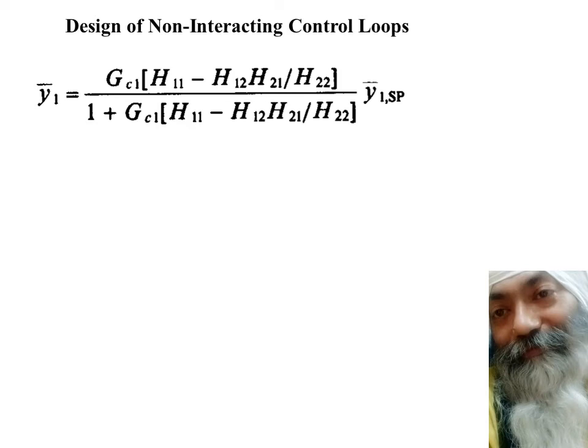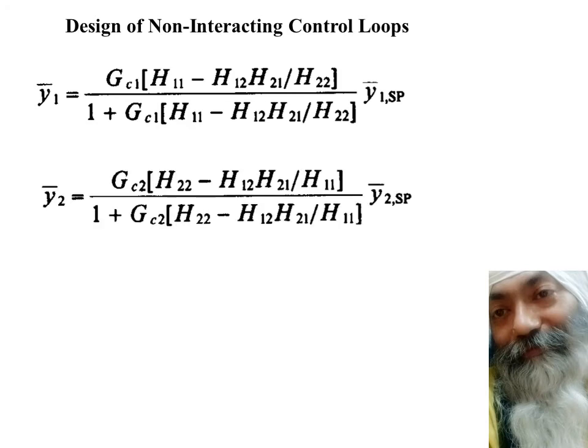Again, we apply the same concept of replacing 1 by 2 and 2 by 1, and so we will get y2 given by this term. Similarly, in case of y2, there is no m1, there is no gc1, there is nothing like y1. In the lower loop there is nothing which is affected by the upper loop.